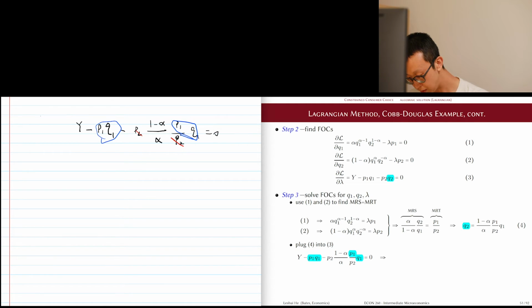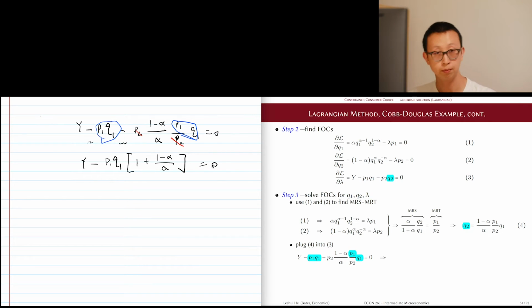So what we can do is now rewrite it as y minus, there's a minus sign here and minus sign here. So we're going to have P1 Q1 being factored out of this. So we factored out minus P1 Q1 on the first term here, and that leaves us a value of 1 inside. We also factored out minus P1 Q1 here on the second term, which will give us a plus 1 minus alpha over alpha equal to 0.